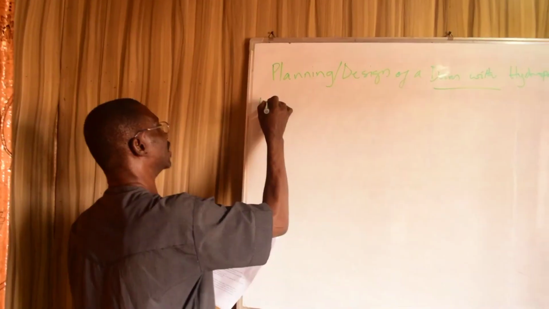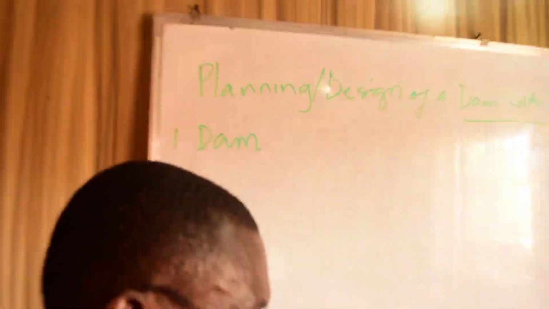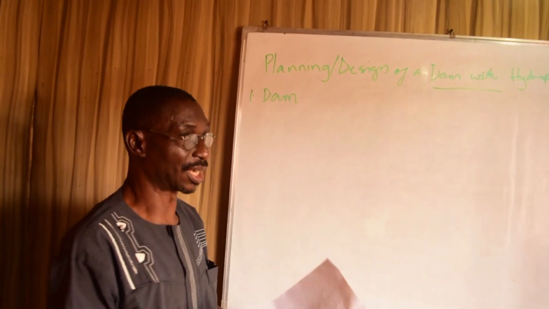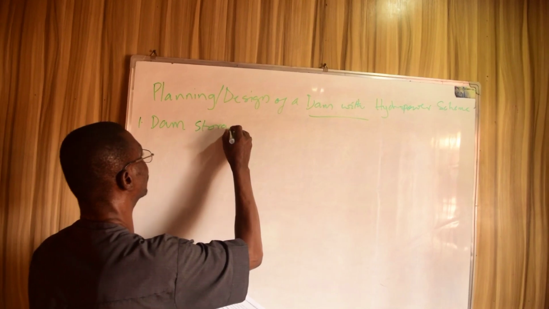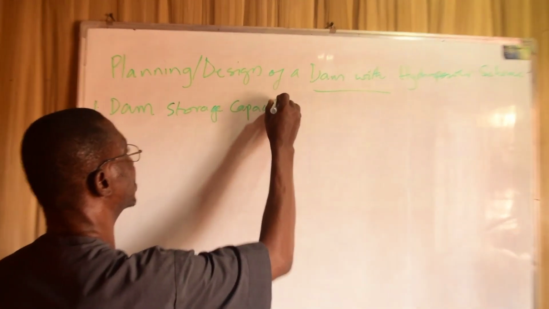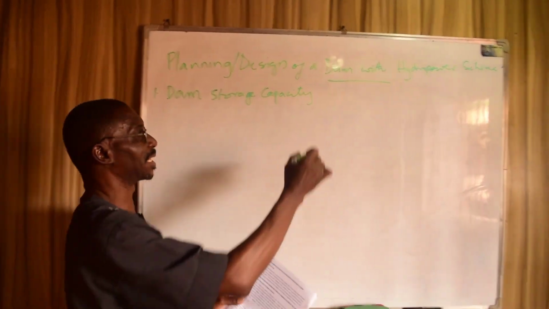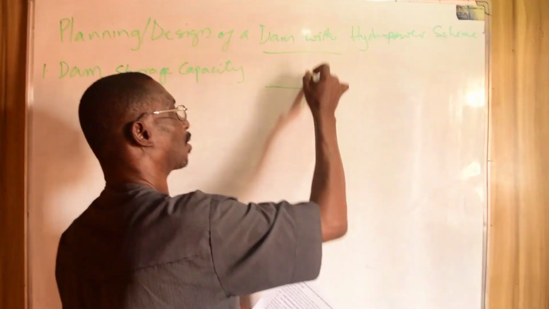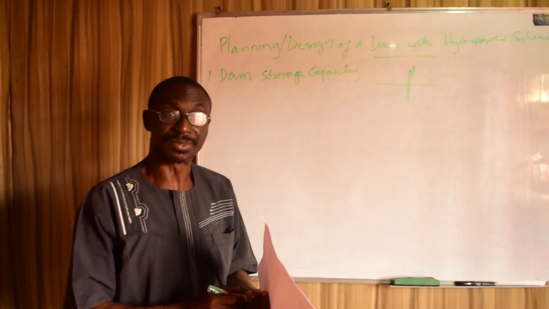The first one is the dam itself, the dam storage capacity. You know, the dam is an impoundment across the river or rivers or streams.